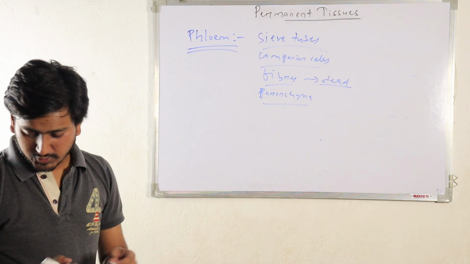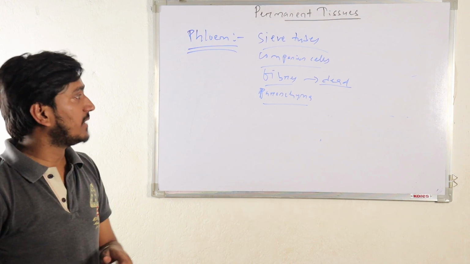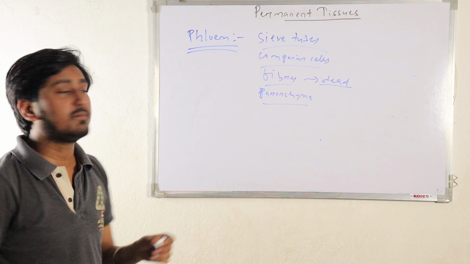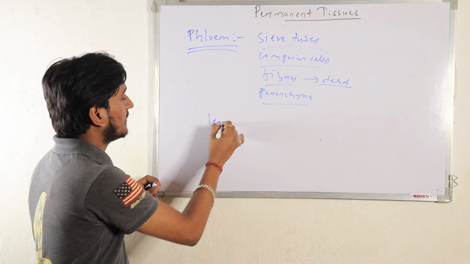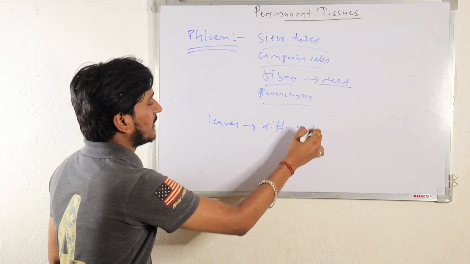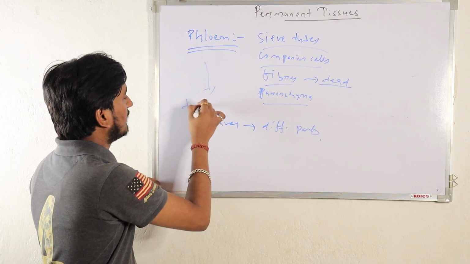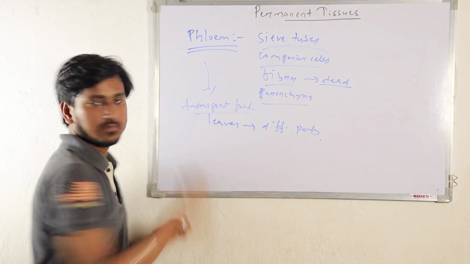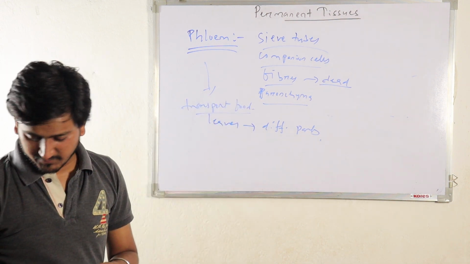Okay, so what are the functions of the phloem? Translocation of food molecules. The food materials will be translocated from the leaves to the different parts of the body. It transports the food from leaf to the different parts of the body.